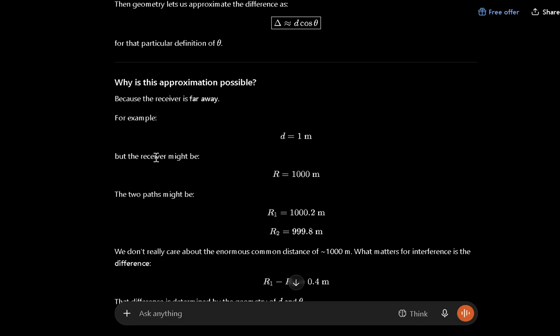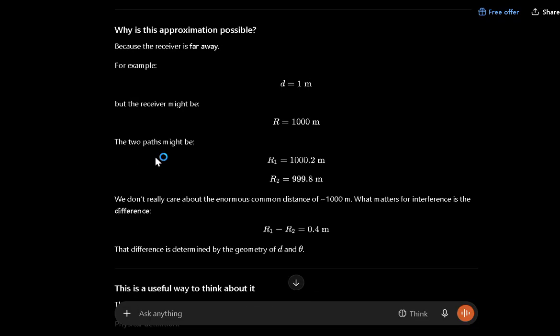The two paths might be R1 and R2 of about 1000 meters. You don't really care about the enormous common distance of 1000 meters. What matters for the interference is R1 minus R2 equals 0.4 meters. The difference is given by the geometry of d and theta.